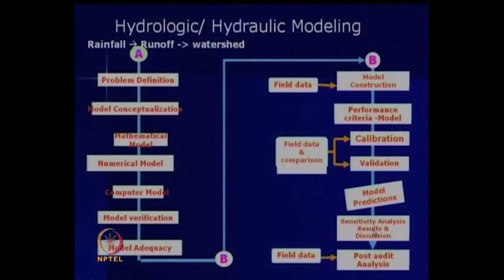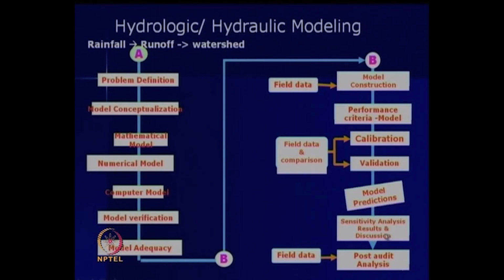Then the next step is we can do various analyses like sensitivity analysis. There, by varying the various parameters, we can identify how the model will behave with respect to those parameter extremes, and modeling parameters like time step and grid size also we can vary and check.